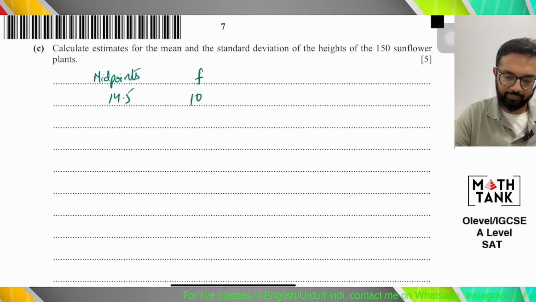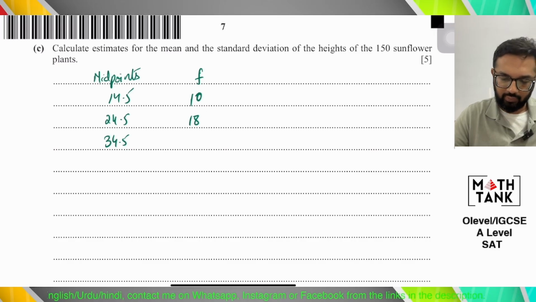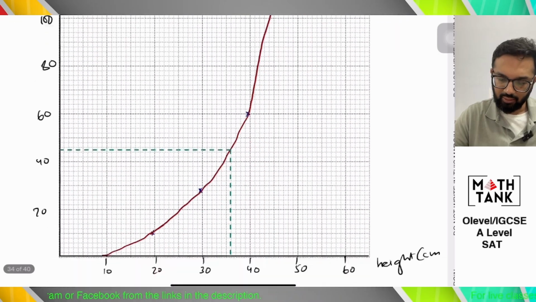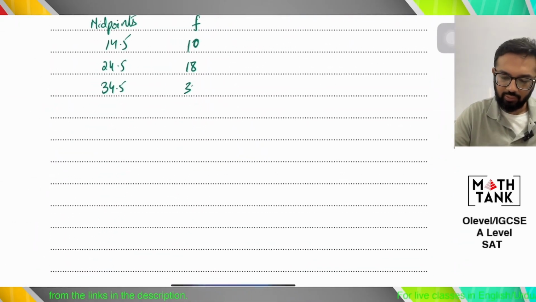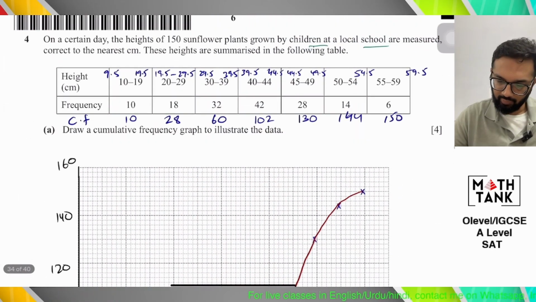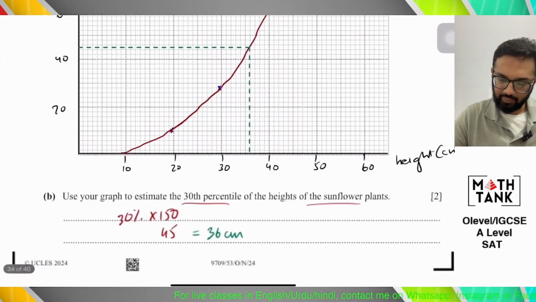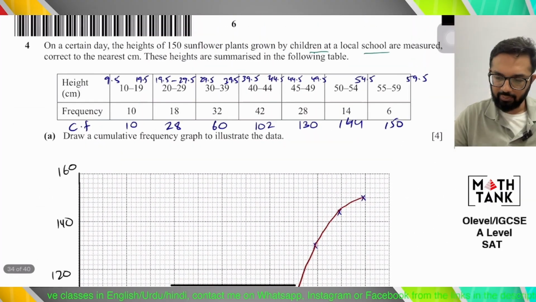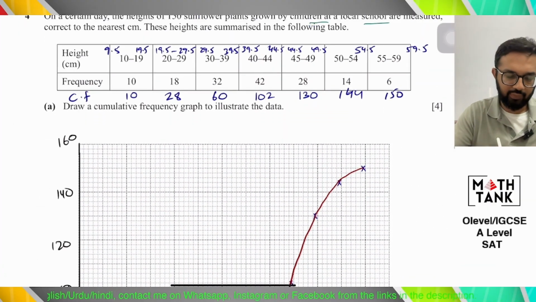Here is 10, 18, 32, 42, 20, 14, 6. Okay, then the last midpoint should be 55 plus 59 divided by 2.